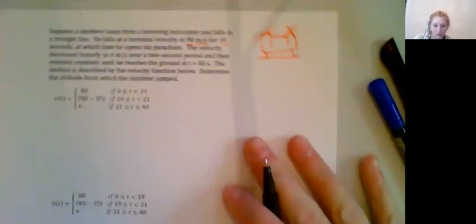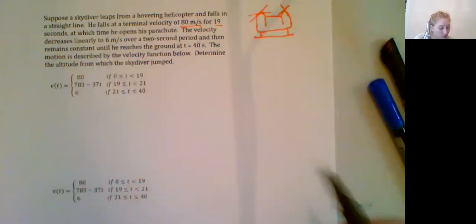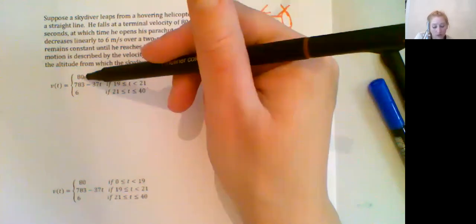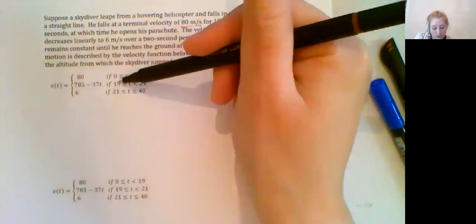All right, so what we're going to do is integrate each piece and evaluate it at each specific time respective to that function, okay? So 80, when we integrate that, is only going to be evaluated from 0 to 19. This is going to be evaluated from 19 to 21, okay? So I'm going to write it down here just because I have more room down here to write.